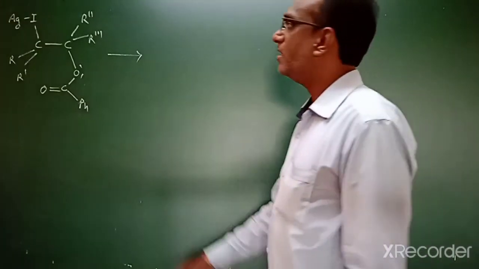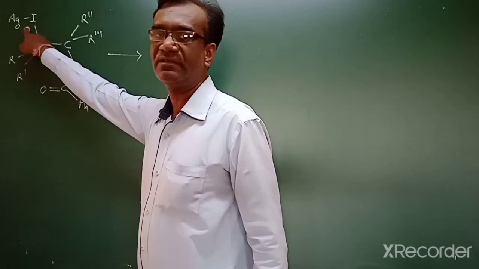Students, the next step is the formation of the benzoxonium ion. In the formation of the benzoxonium ion, firstly, there is removal of silver iodide.